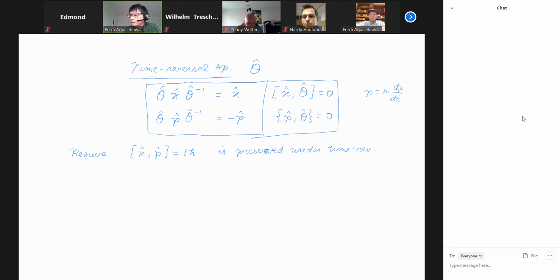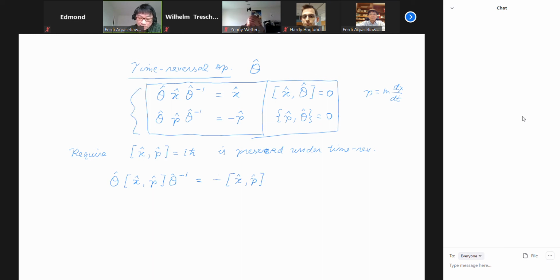So we want to keep this fundamental commutation relation. Now if we look at the time reversal transformation of this commutator, then it is equal to minus xp.